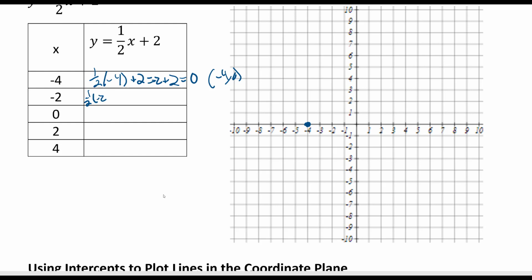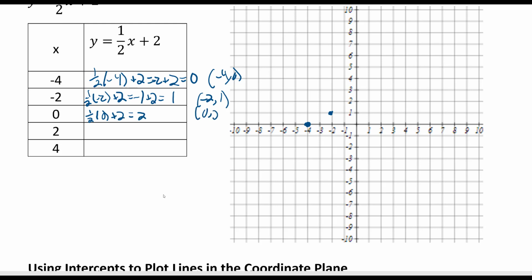1/2 of -2 plus 2 is -1 plus 2, which is 1. So -2 will give us a 1. 1/2 of 0 plus 2 is 2.